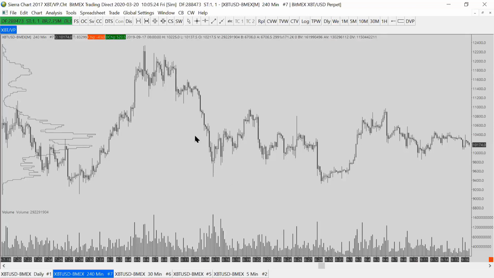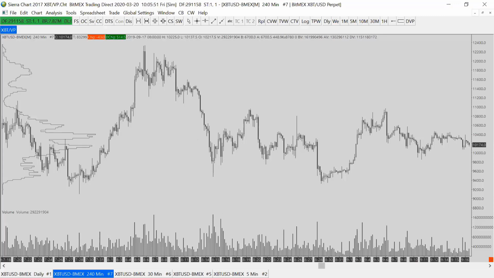Okay, so if you've ever tried to read up on volume profile, what you've probably come across is quite a lot of information on market profile theory, because volume profile is really relatively new. Market profile was the precursor to volume profile, and it's similar, but instead of plotting volume by price, it's based on time.